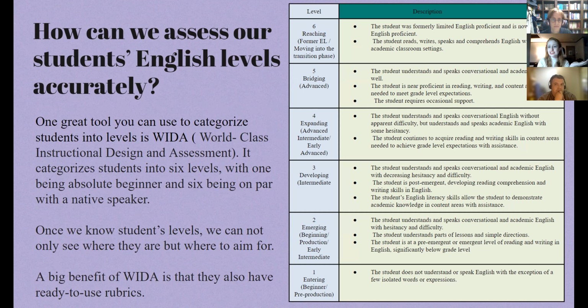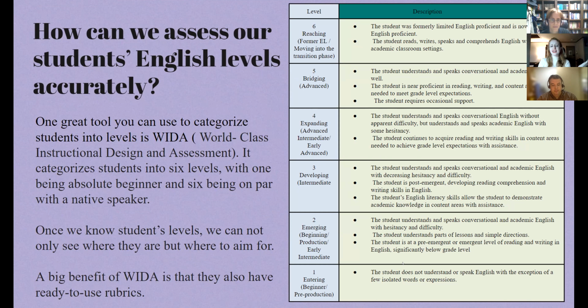It generally means whatever the largest chunk of your class is in. So if 70% of my students are level 3 or B1, you can think of that as the medium in your class. And then from there, you can have your easy assignments and your advanced assignments.